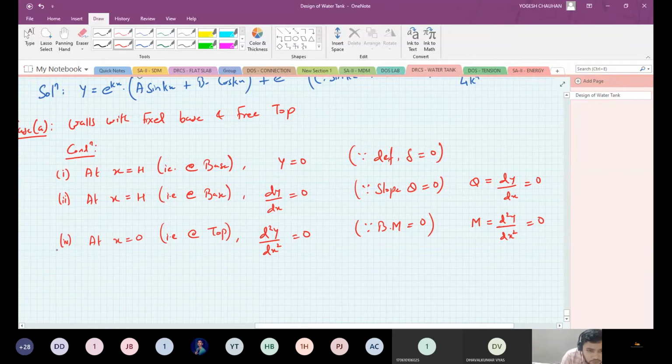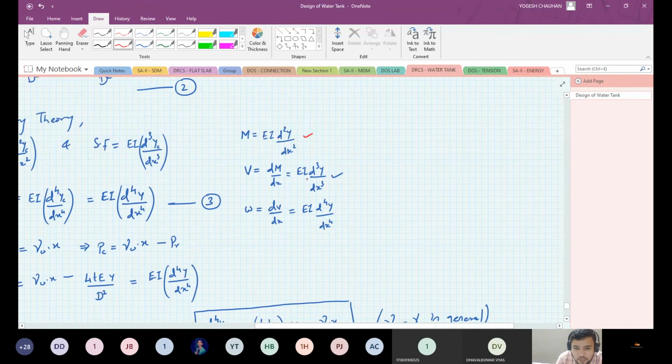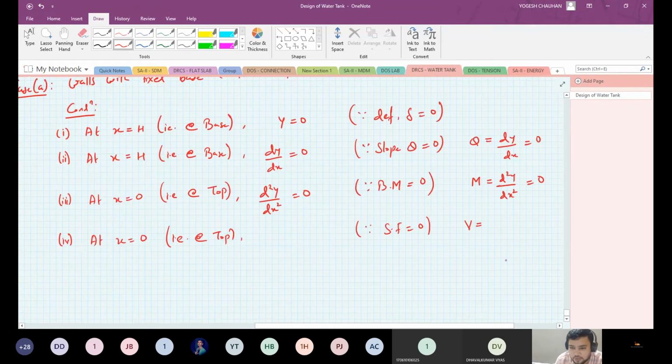This was the third condition, and the fourth condition, at x equals 0, that is again at the top, your shear force is 0. Shear force is the third derivative of the deflection, which is d cube y by dx cube equal to 0.